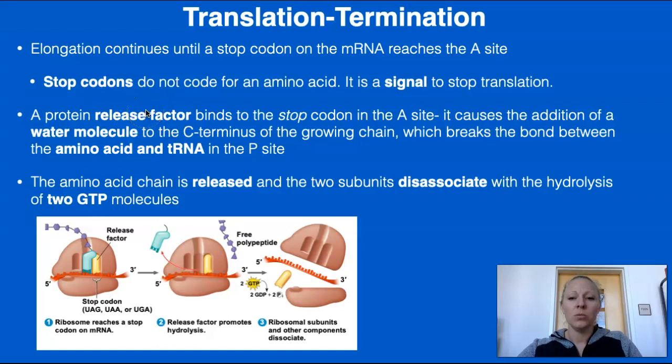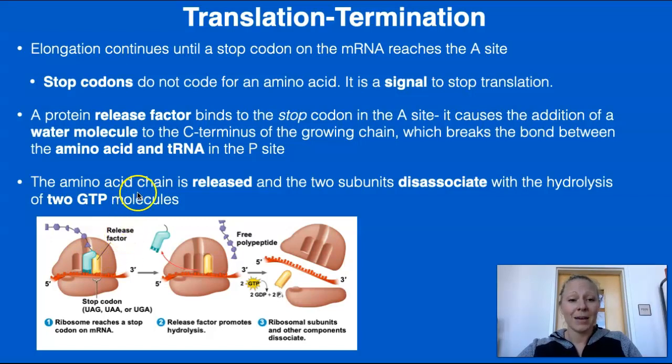What this is going to do, when a release factor binds to the A site, it's going to add a water molecule to the C end, the carboxyl end of the chain, and the tRNA essentially is going to just release that growing chain from that tRNA so that it can go into the cytosol and do what it's going to do.